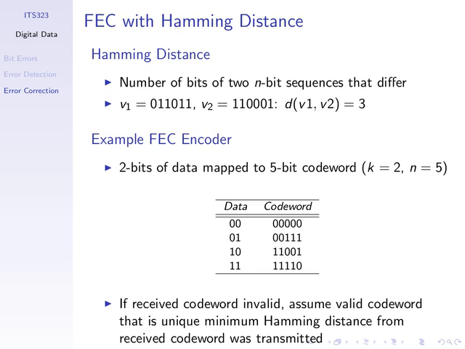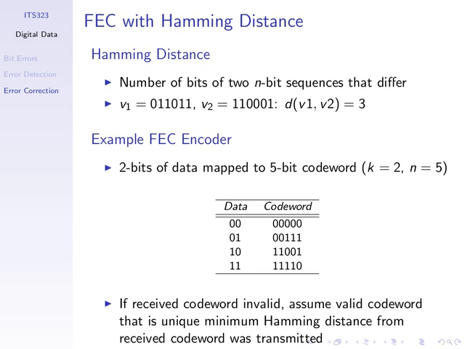This is a simple forward error correction scheme, and it's going to use the concept called Hamming distance. You know Hamming distance? You've covered it in a different course? Maybe, maybe not. You may have covered it in a computer hardware course. Don't worry, we'll cover it.